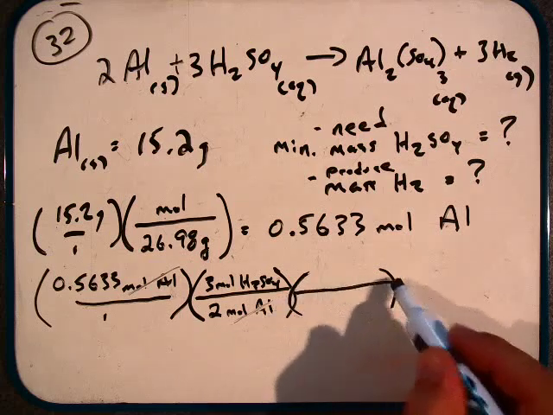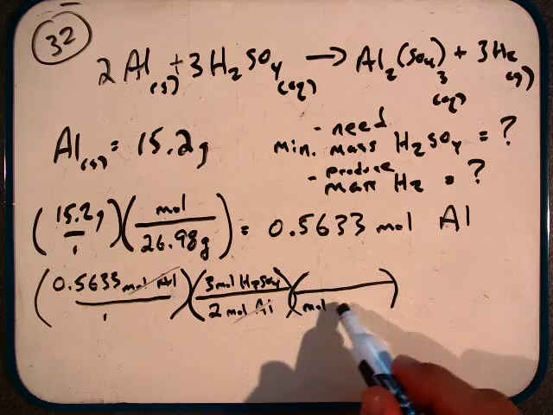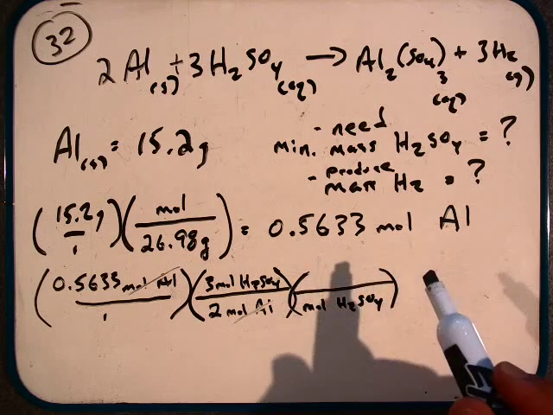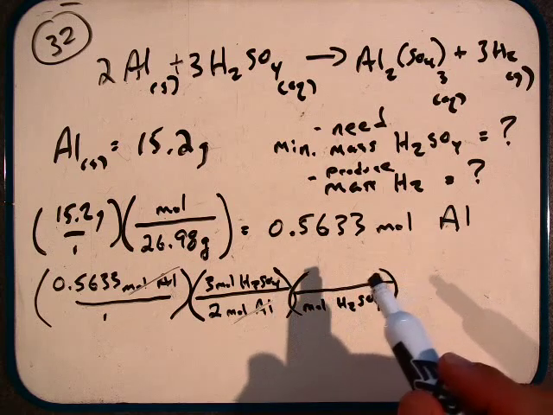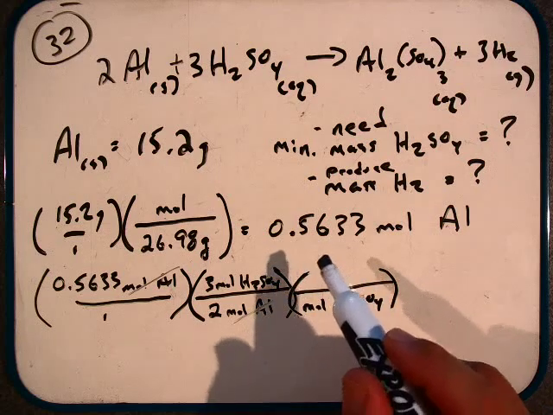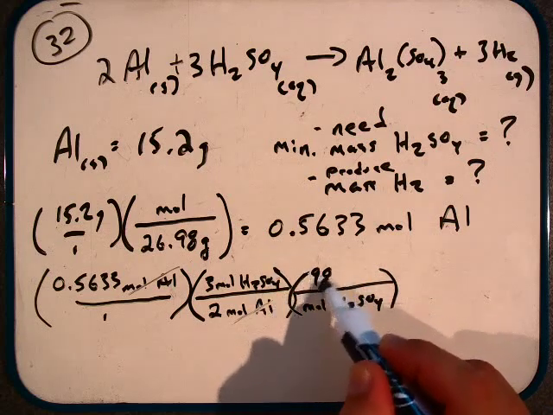And now we want to go from moles of sulfuric acid to grams of sulfuric acid. And for that we would have to determine its molecular mass, which I've determined to be 98.06.